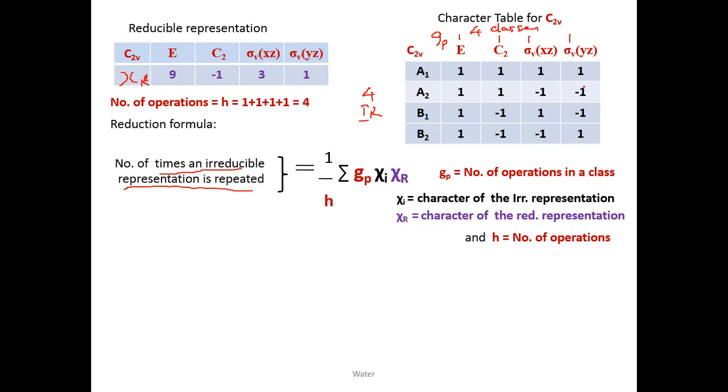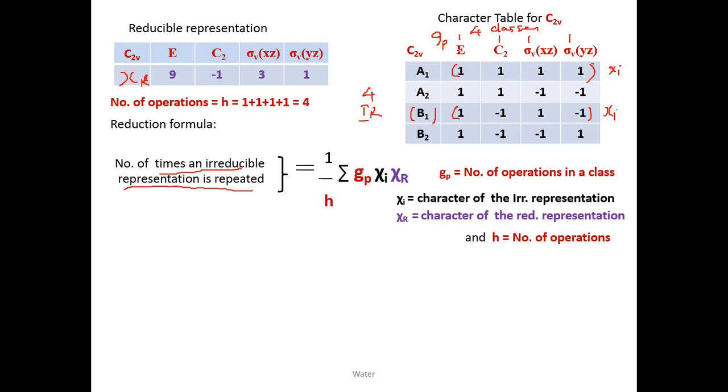Chi-a is the numbers present in the character table, and for A1 these will be the chi-a values, and you have to forget the remaining characters. Whereas for B1, the numbers opposite to B1 will be the chi-a values, and you forget the rest. But chi-r is common for all the irreducible representations, and g_p is also common for all the irreducible representations.